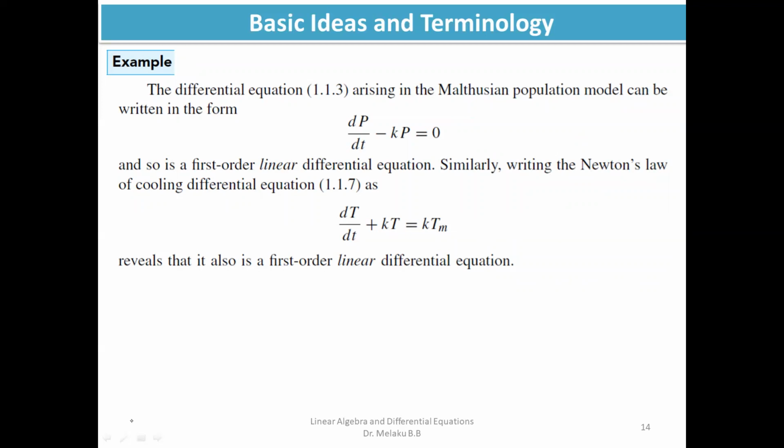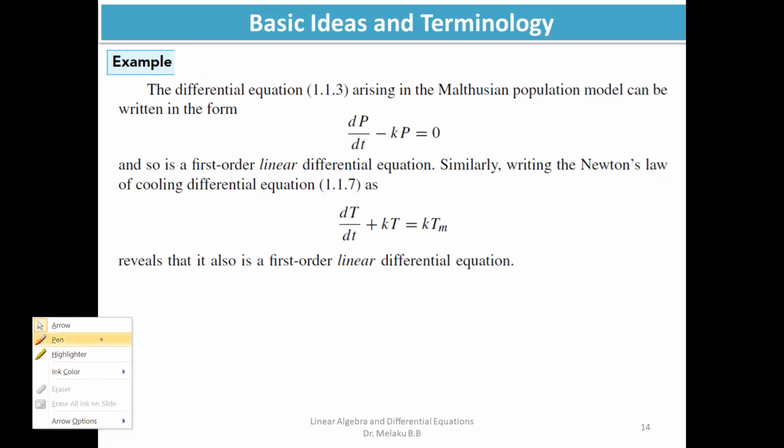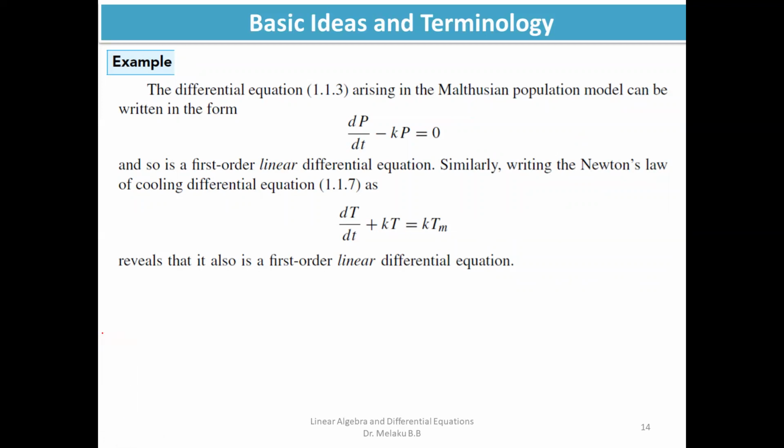Like previously we have seen different differential equations, models of population, like the Malthusian population model. So can we say that this is a linear differential equation? Yes, dP by dt minus kP equals 0. So we can say that this is a linear differential equation of first order.